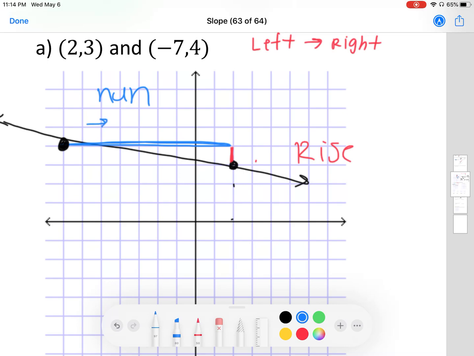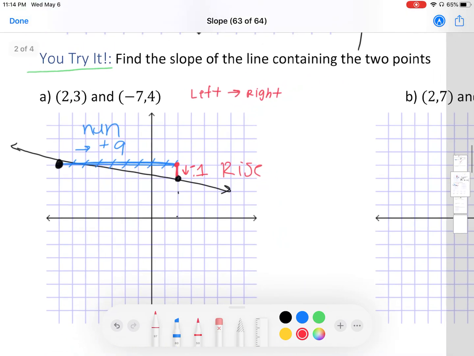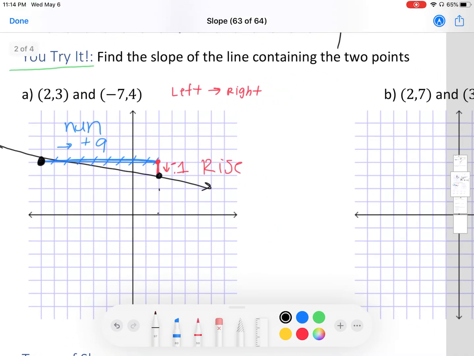We're moving to the right. 1, 2, 3, 4, 5, 6, 7, 8, 9. 9 units to the right. Because we moved to the right, it's positive. Let's count our rise. From there, we're going to move down. Down just 1 unit. Because we moved down, it's going to be a minus. So let's write our slope.